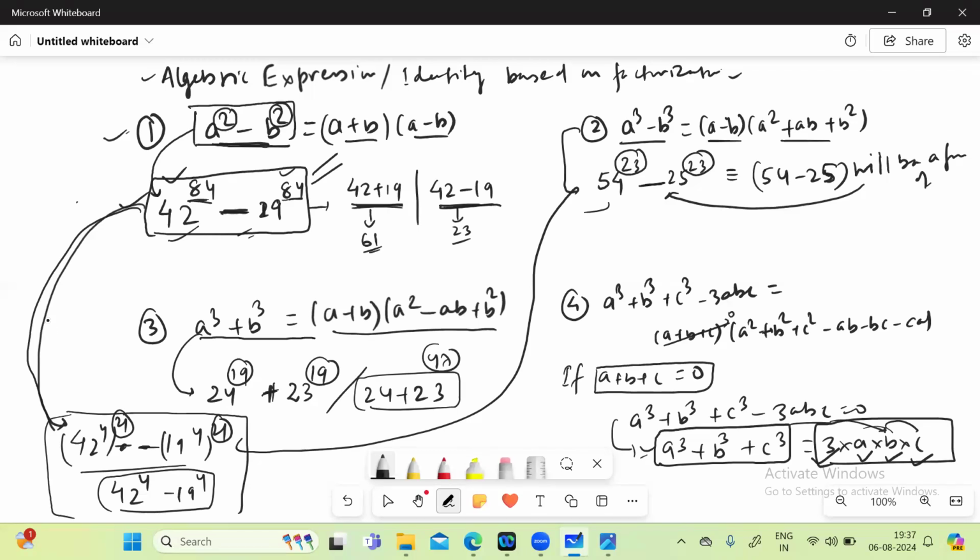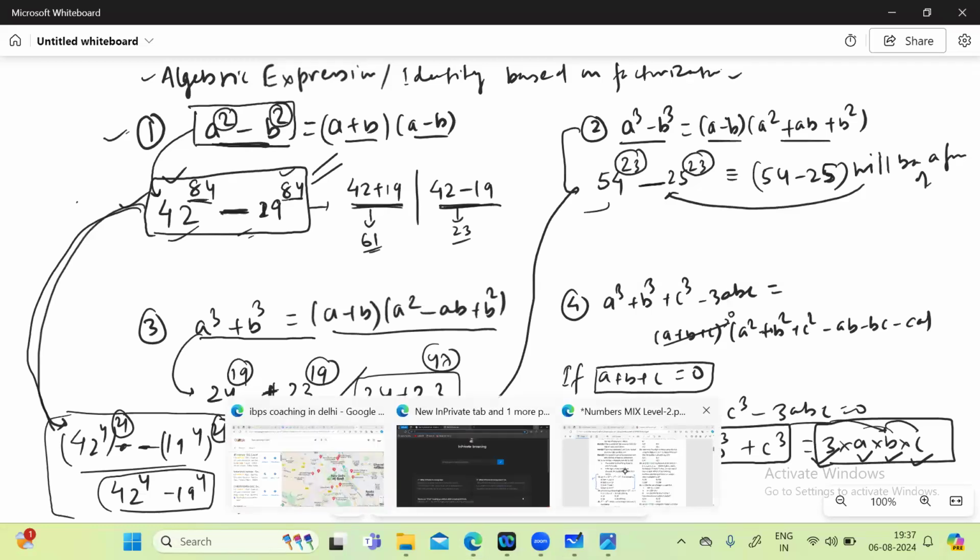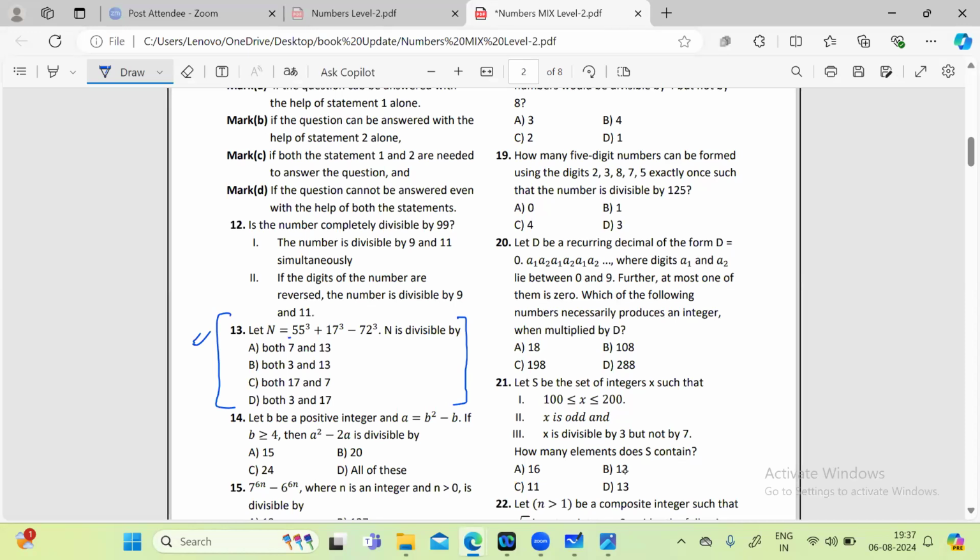Now the question that you have asked, I will solve through this. Here you can see there are three cubic terms and the sum of all these three is 0. So 55 plus 17 minus 72 is 0. That's why this expression will get divided by 3 into 55 into 17 into 72, of course with a minus sign, that doesn't matter.